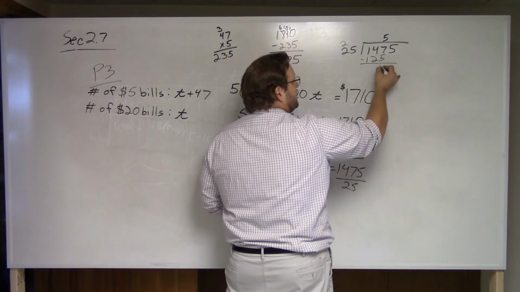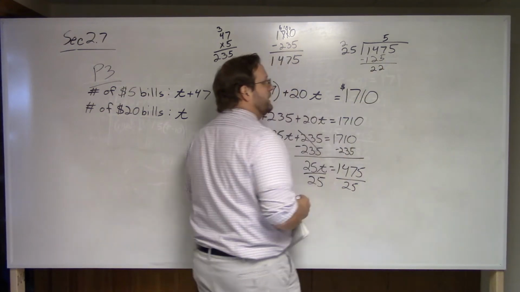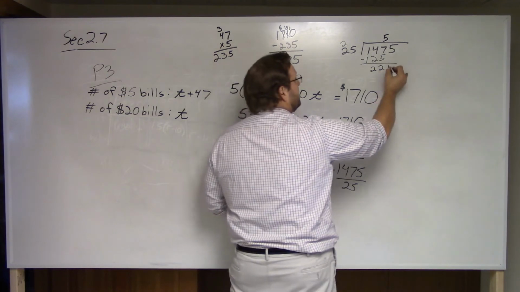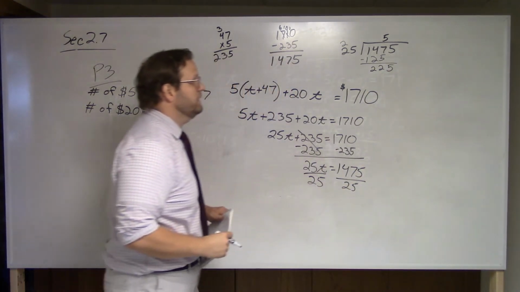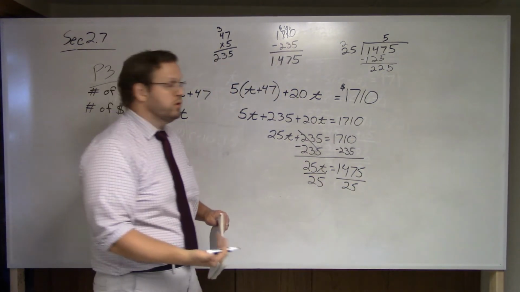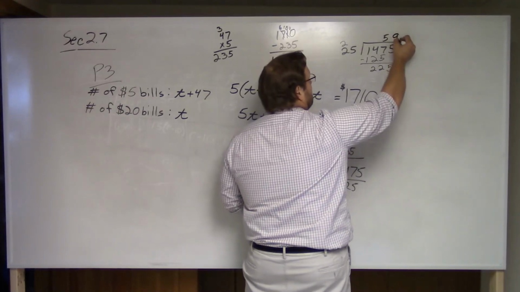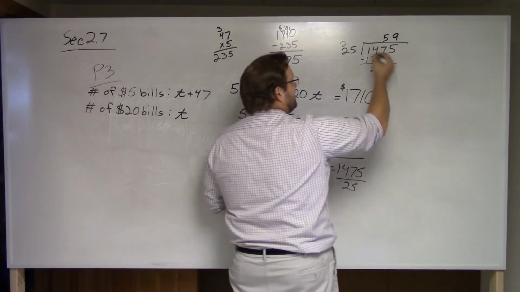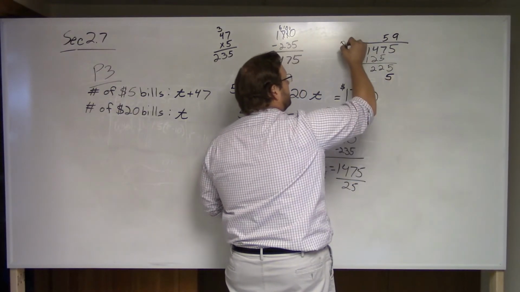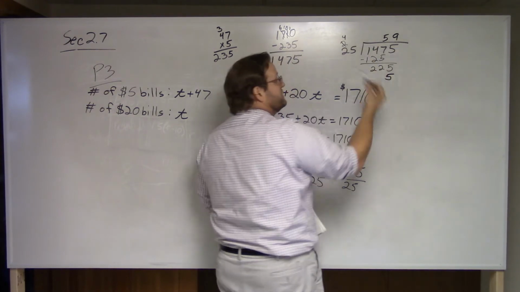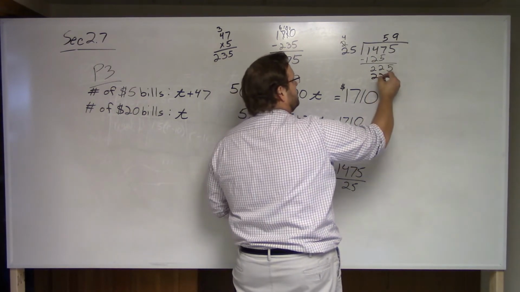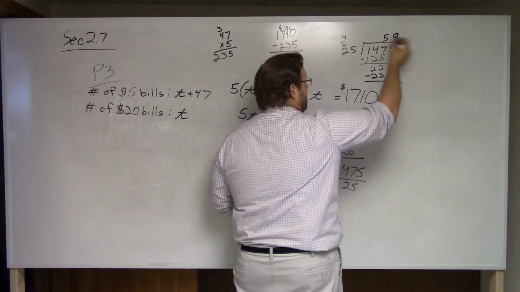Subtract. I got 22. Carry down that 5. How many times does 25 go into 225? 9. 9 times 5 is 45. 9 times 2 is 18, plus 4 is 22. And I got 59.